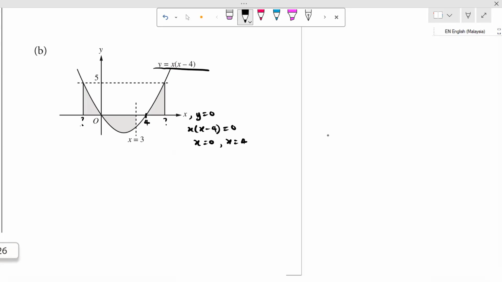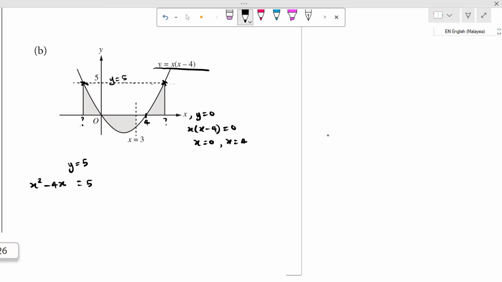But then not enough. I need to see what this is. How? Do you see this line here? This is when your y equals 5. So when y equals 5, that means this curve, x squared minus 4x equals 5 at this point here.